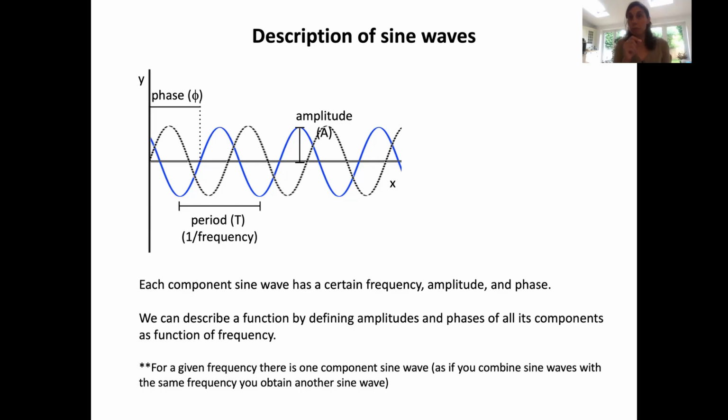Okay, so for any given frequency, there's going to be one sinusoidal component with a certain amplitude and phase that we can add to form the image, like I showed you with the image of Fourier before.